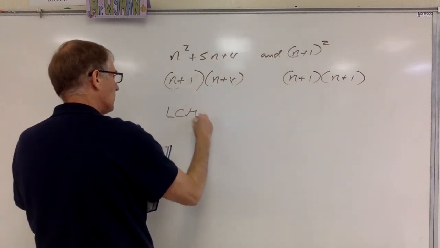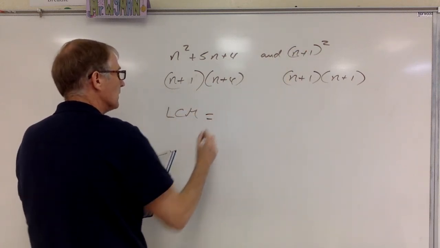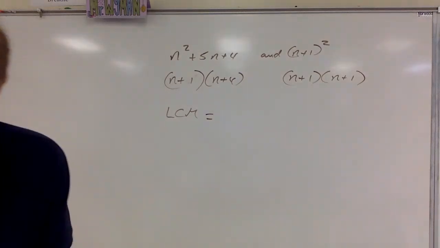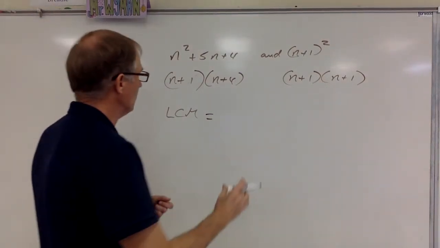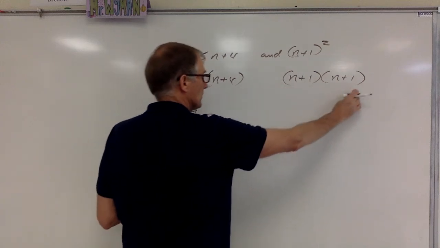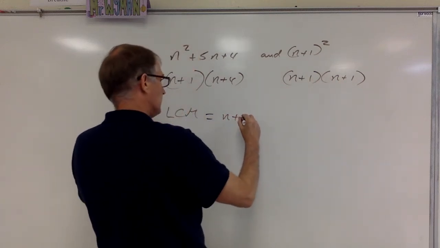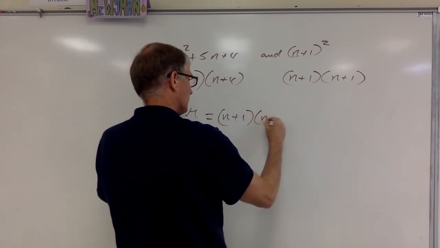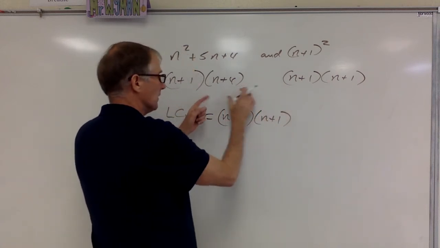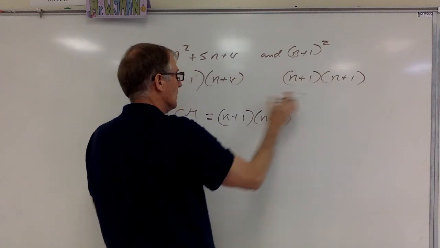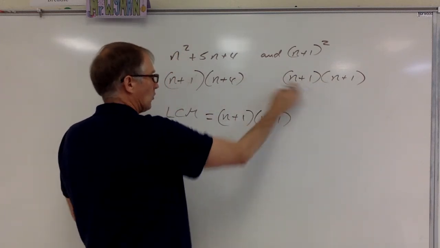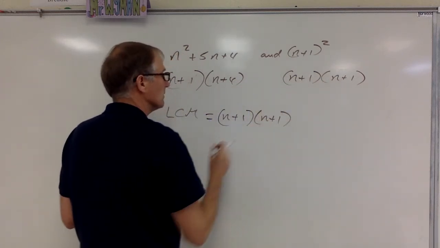So the least common multiple, remember you find each factor, and when does it occur the greatest number of times? Well, this is n plus 1 and n plus 4, okay? And then the most number of times it occurs in either one, so n plus 1 occurs twice there.